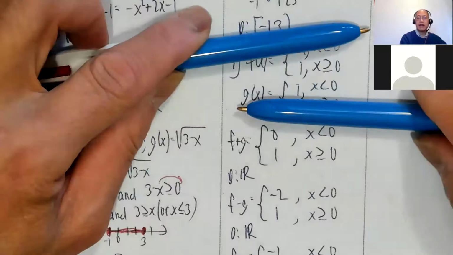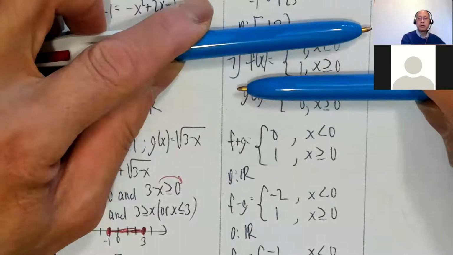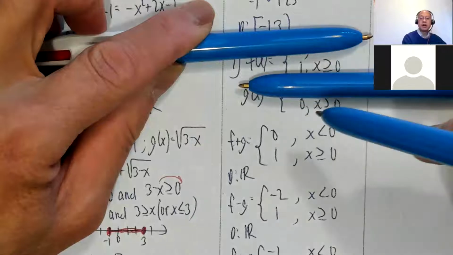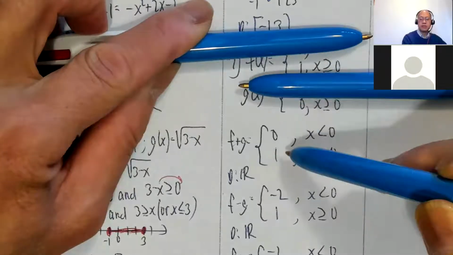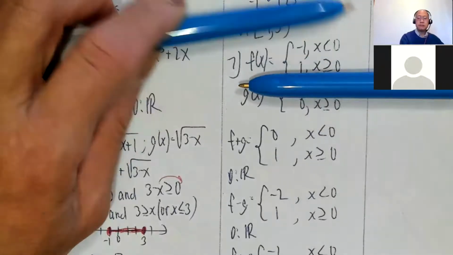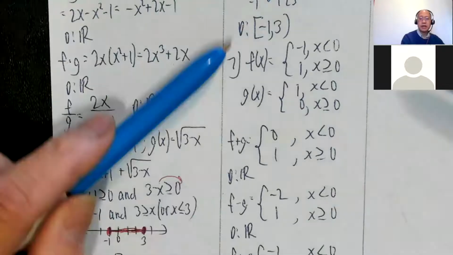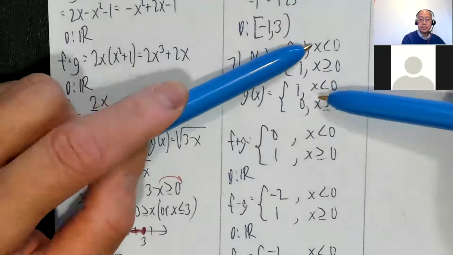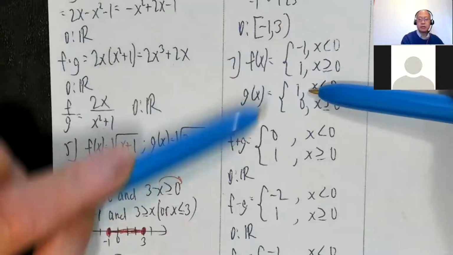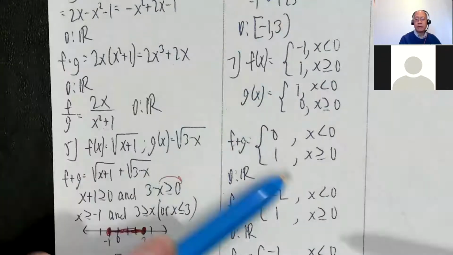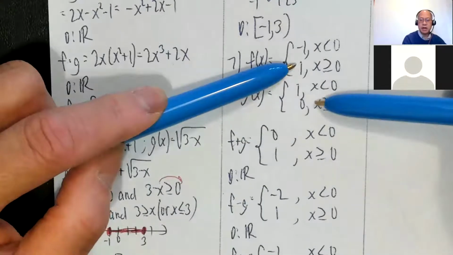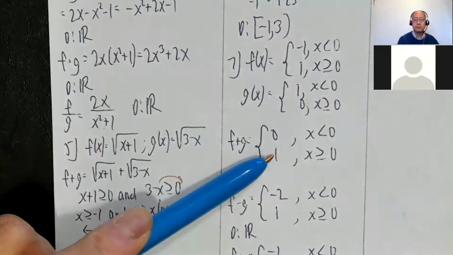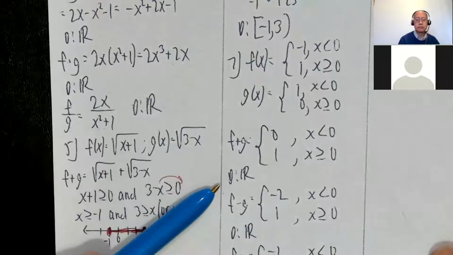Then x is greater than or equal to 0: 1 plus 0, which is 1. Okay, so one more time. F plus G. If I'm less than 0, I only look at these two. -1 plus 1, 0. If I'm greater than or equal to 0, I look at these two guys. 1 plus 0 is 1. Domain is all reals.